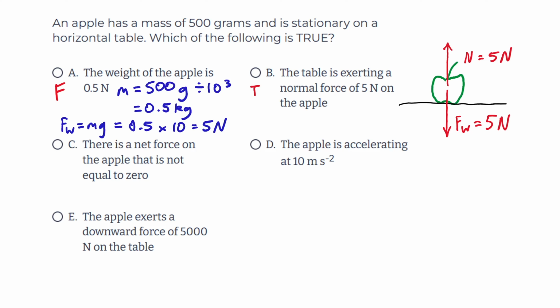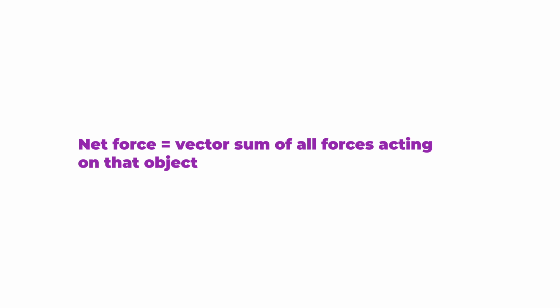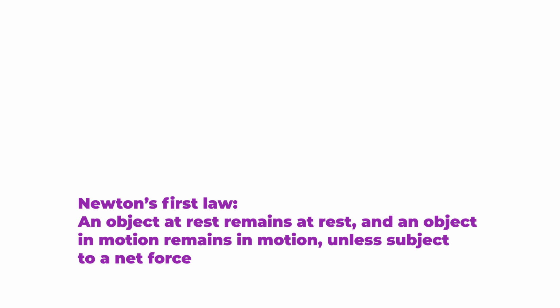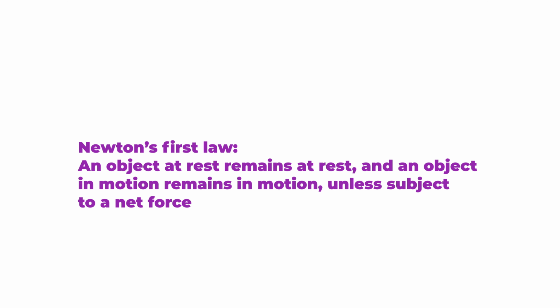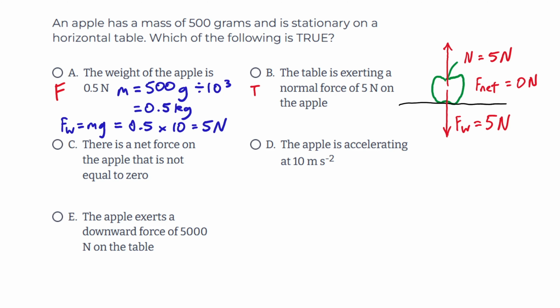There is a net force on the apple that is not equal to 0. The net force on an object is the sum of all the forces that are acting on that object. Newton's first law states that an object at rest remains at rest, and an object in motion remains in motion unless subject to a net force. What this means is that if the net force on an object is 0, its velocity will not change.